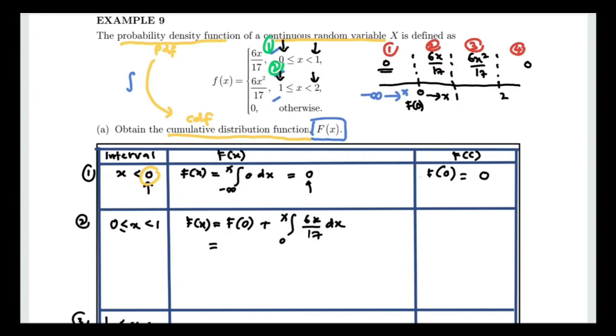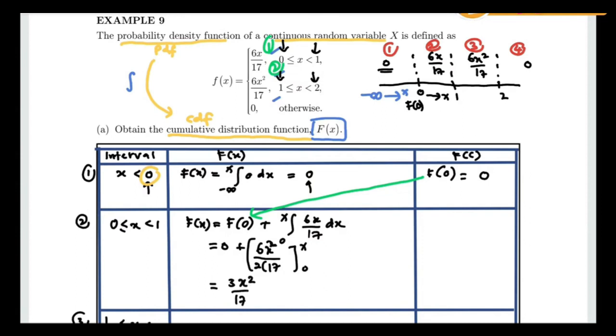F of 0 we calculated from the previous part, which is 0. Then we integrate 6x over 17, which equals 6x squared over 2 times 17, with the limits 0 to x. We can cancel out to get 3x squared over 17.